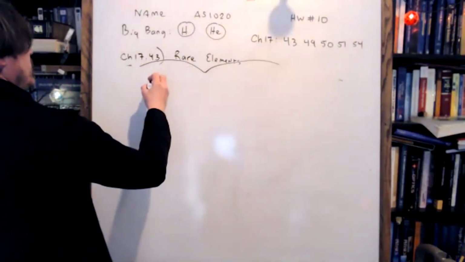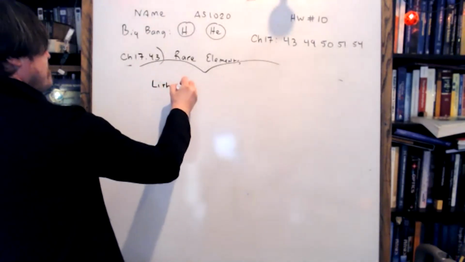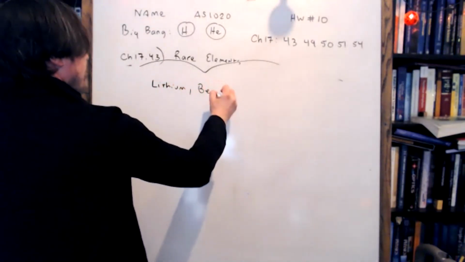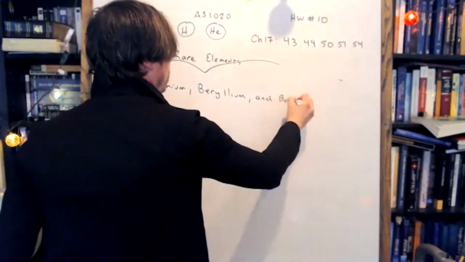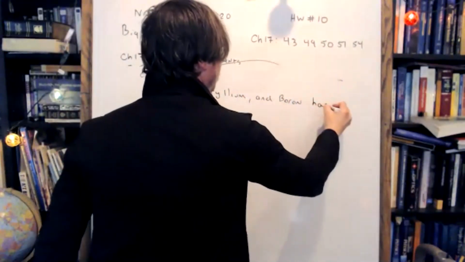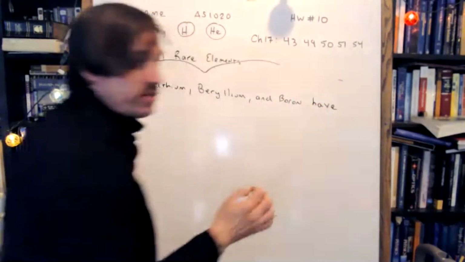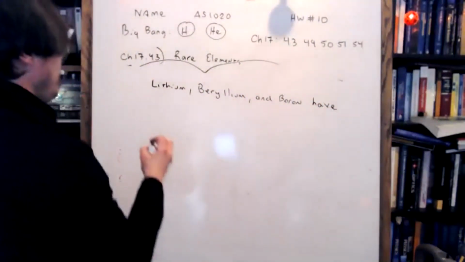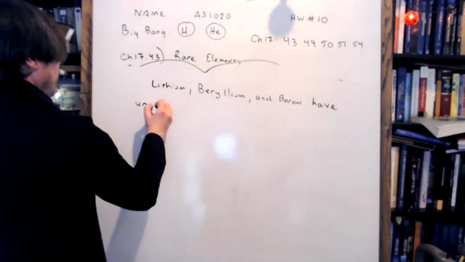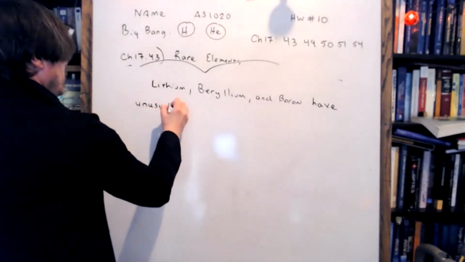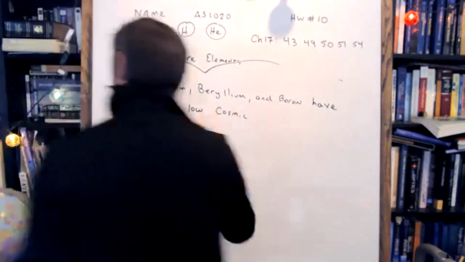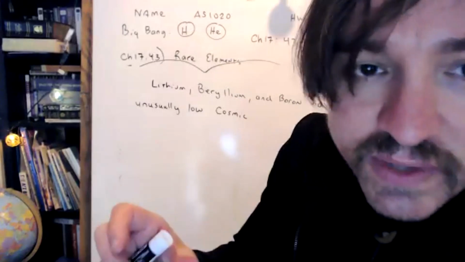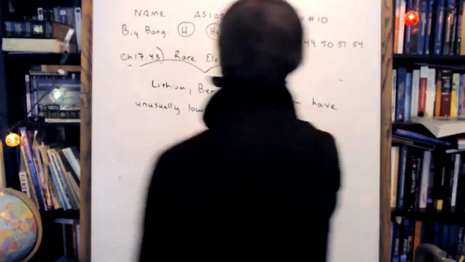So our answer is going to go a little something like this. Lithium, beryllium, and boron have, and we're going to use some fancy terms here so we remember the phrases, unusually low, and here's our fancy $10 vocab word, unusually low cosmic abundances.